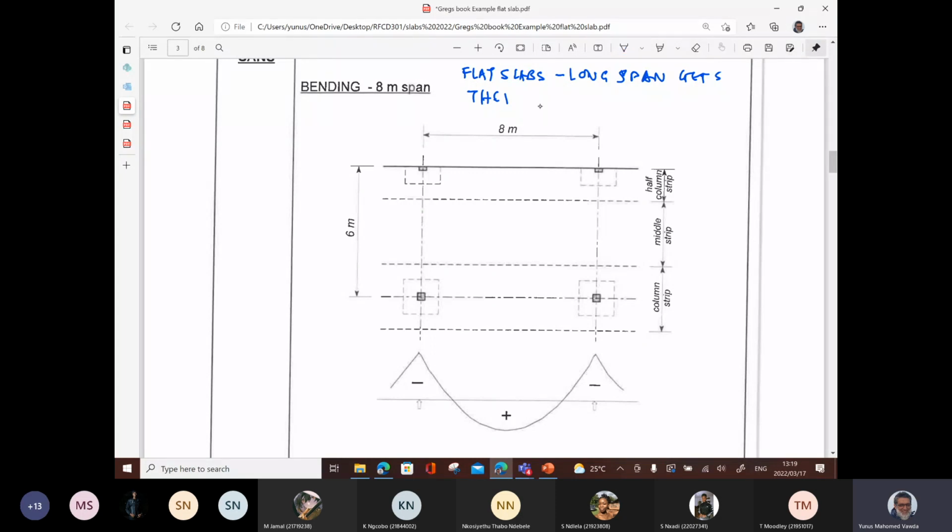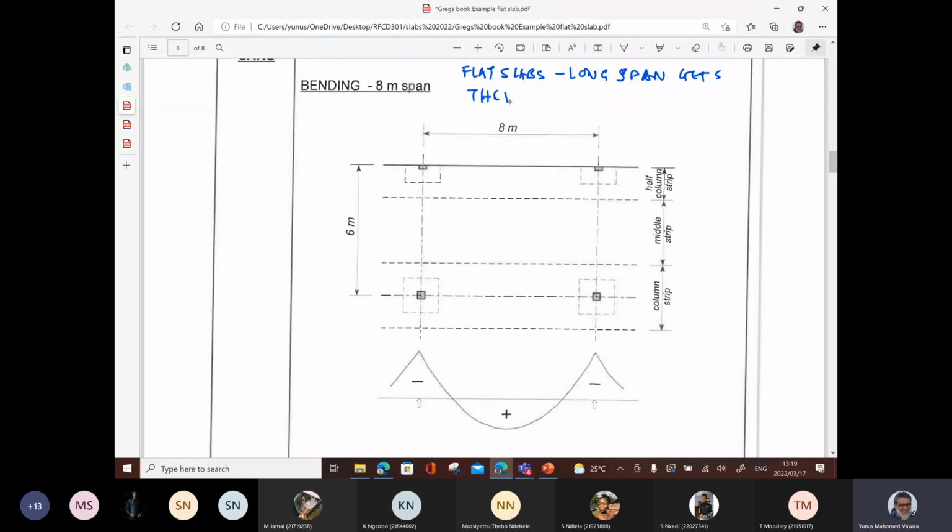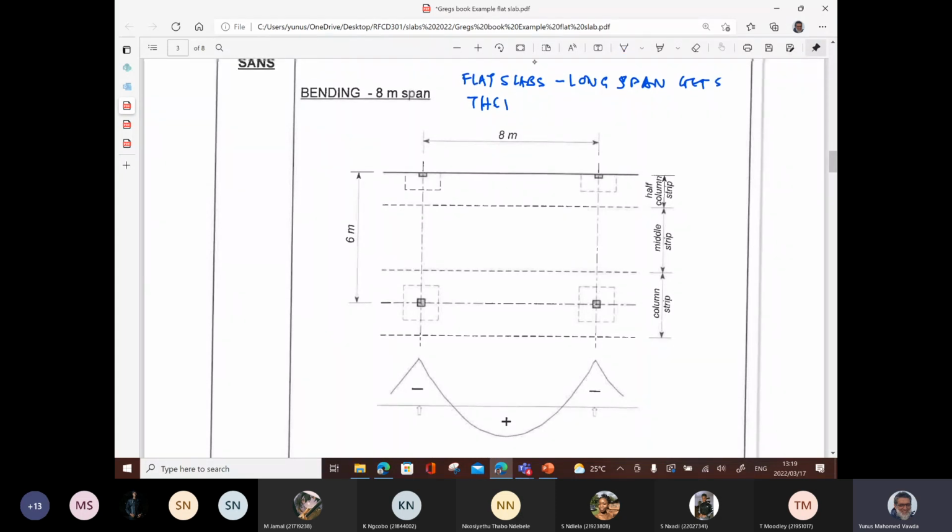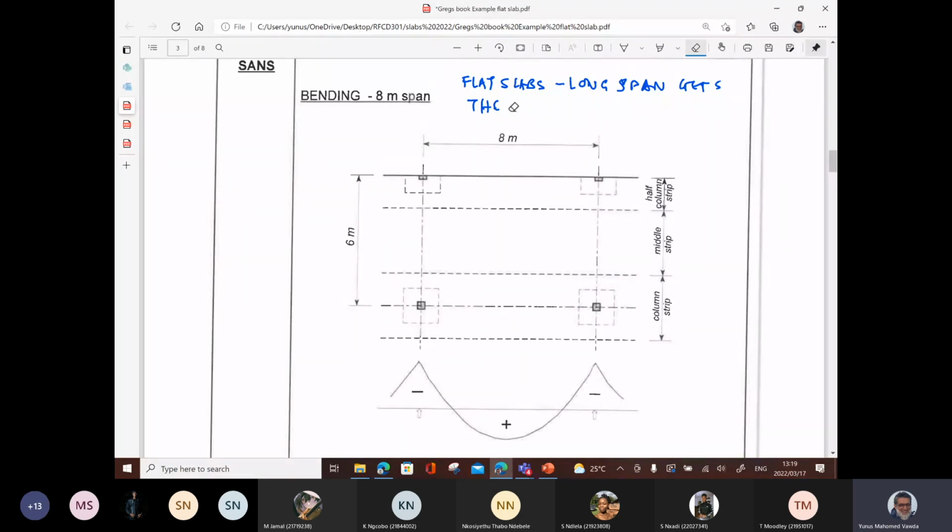So normally when we're dealing with restrained slabs, we put the main reinforcement in the short span, right? But here we're going to put the main reinforcement in the long span, gets the larger d. Okay, so just keep that in mind.